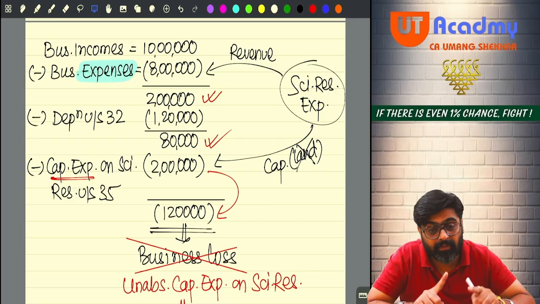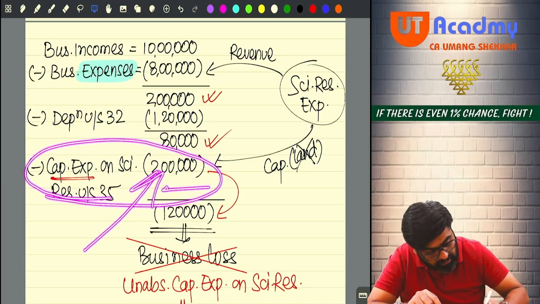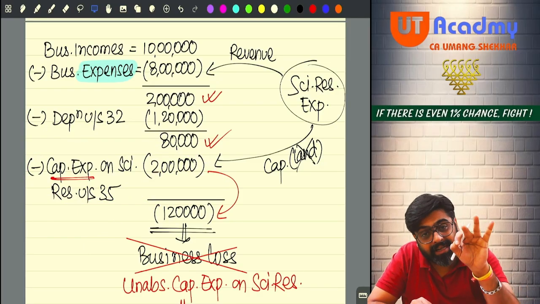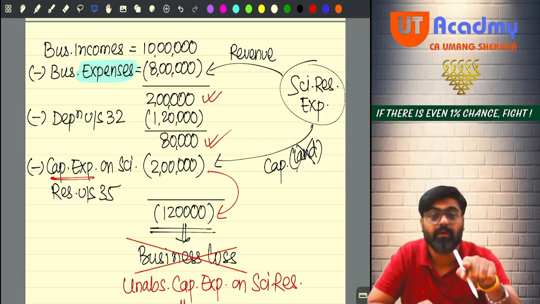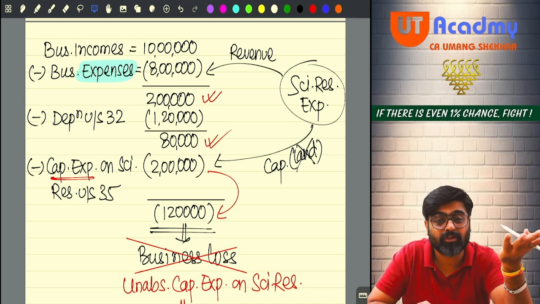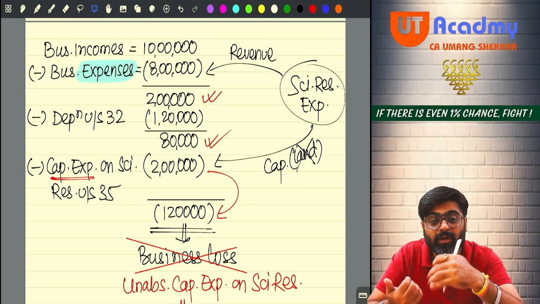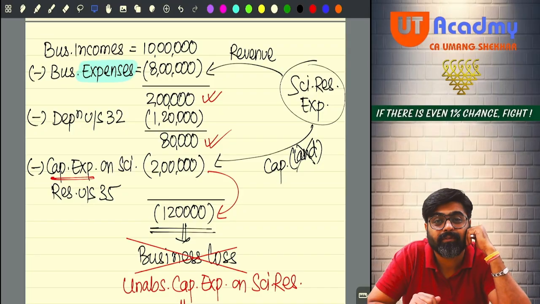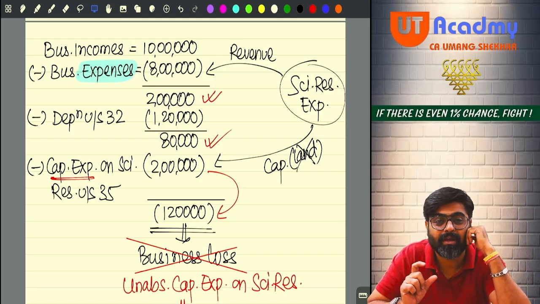Number 2, whatever capital expenditure which you are claiming here, this actual cost will not include that actual cost which is paid in a day to a person by way of any mode other than prescribed mode, because that actual cost will not be treated as actual cost only. That capital expenditure will not be treated as capital expenditure only if it is more than 10,000 paid in a day to a person by way of any mode other than prescribed mode.